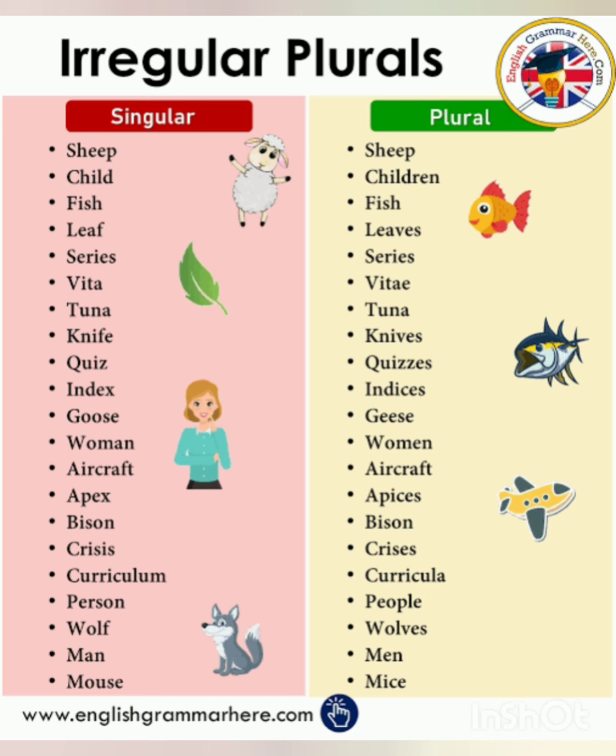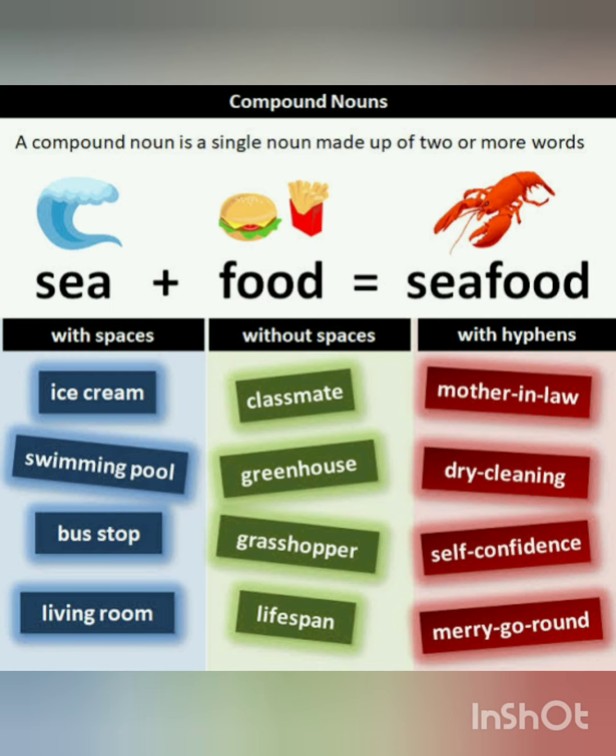We are not adding s or es to make it plural, but we are adding ren: child and children. Then series and series. Some of the plural nouns are the same as their singular nouns, and some of them add some other letters to make them plural.